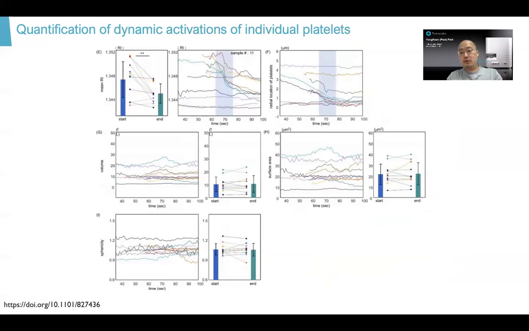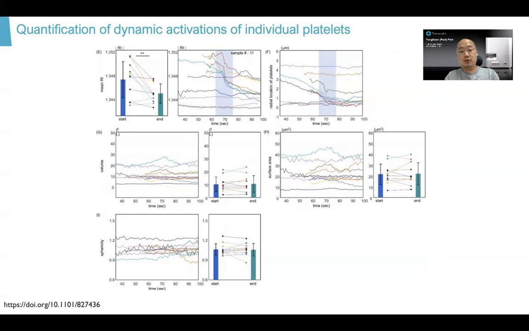Since we can also track the time-lapse 3D at high spatial and temporal resolution, we can retrieve the mean refractive index as well as other physical parameters over a very short period of time.